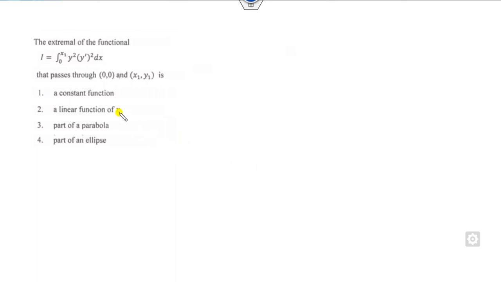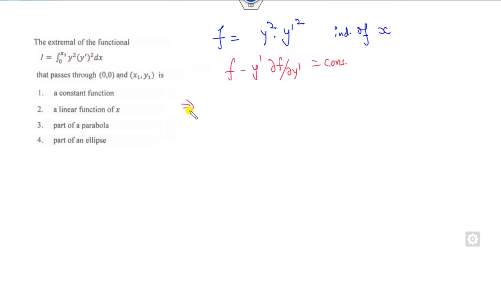Okay, look at this one. Here f is y square, y dash square, which is independent of x. So we can start with this simple solution. It is my constant. So what is f? y square, y dash square minus the partial derivative, 2y square, y dash is constant.